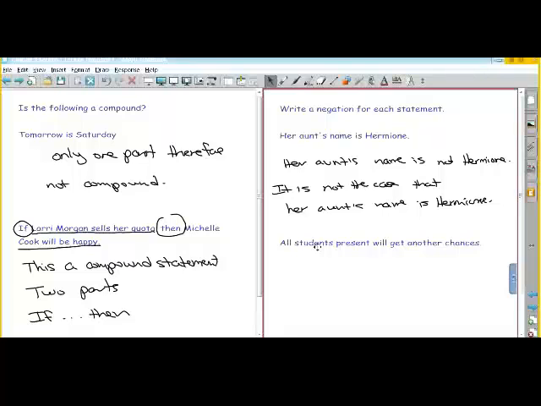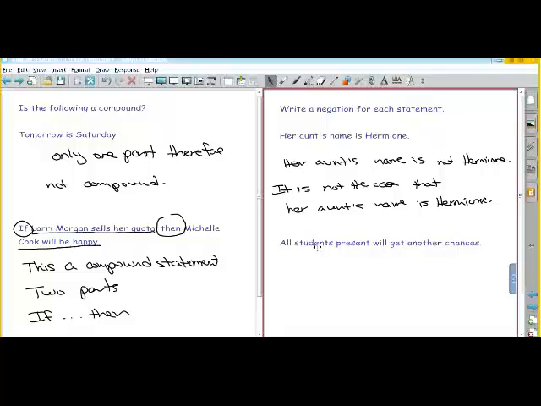None, right? That's what most people would think. But there's all, there's some, and there's none. So how do you take into account some and none? Because all means everybody, and so any case where it's not everybody, you have to include that in the negation part of it to be accurate.